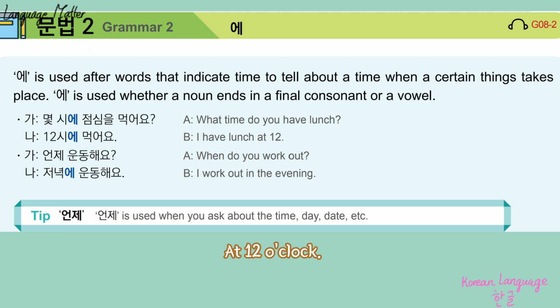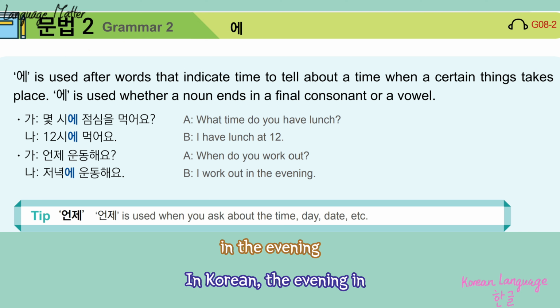But in Korean, the order is switched, like 12 at. In English, we say in the evening. What comes first? In, good. That's the preposition. But in Korean, the order is switched. Evening, in.